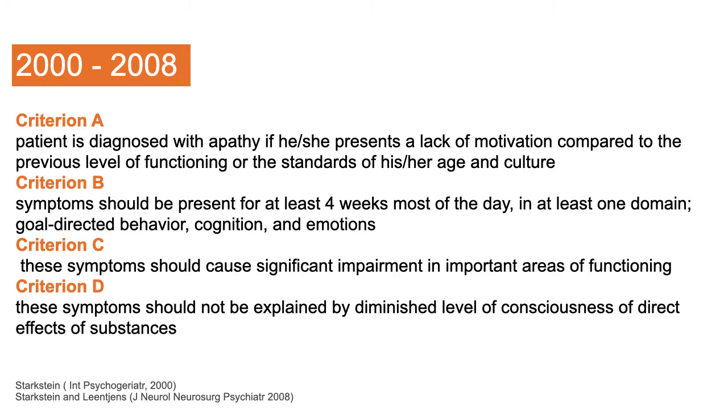Following Marin, the first proposal was the fruit of the work of Sergio Starkstein, associated with Albert Leentjens, in a succession of articles between 2000 and 2008. Four criteria. Criterion A, presenting apathy as a lack of motivation.